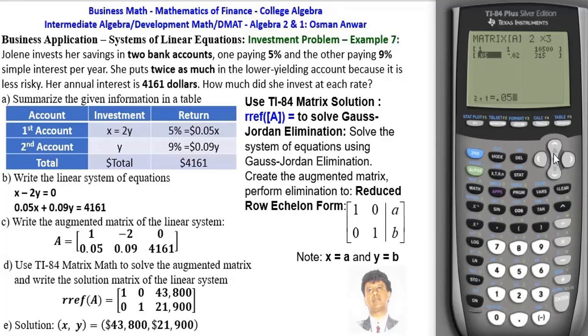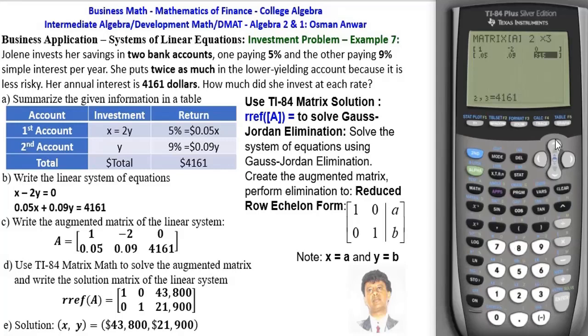Okay, and the y values are minus 2 and 0.09, and augmented with 0 and 4,161.